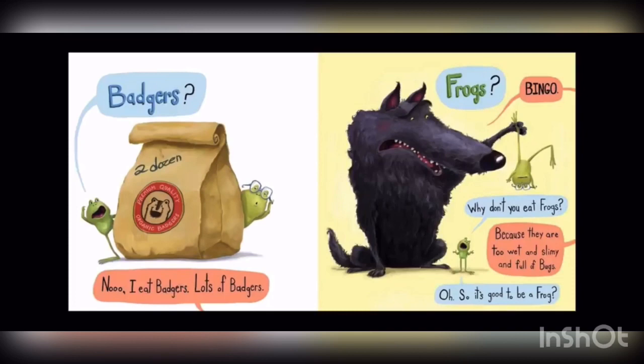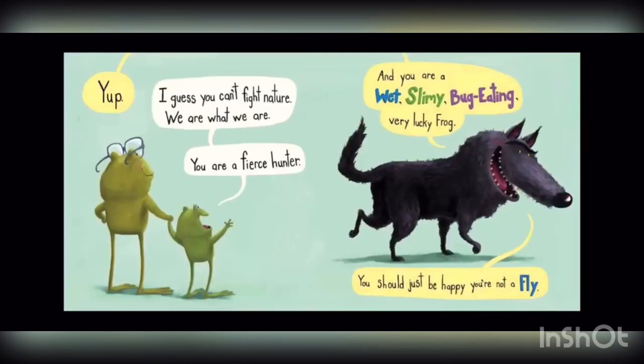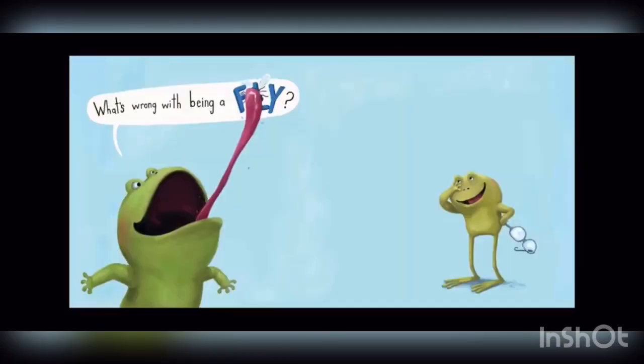Oh, so it's good to be a frog? Yep. I guess you can't fight nature. We are what we are. You are a fierce hunter. And you are a wet, slimy, bug-eating, very lucky frog. You should just be happy you're not a fly. What's wrong with being a fly?